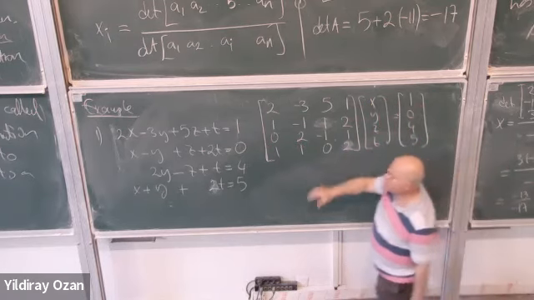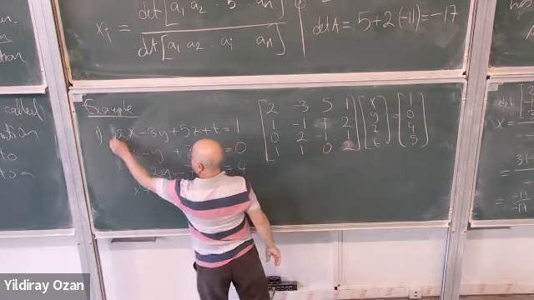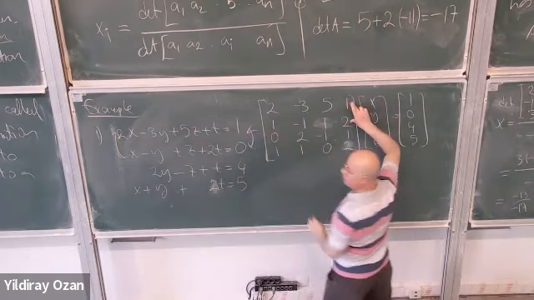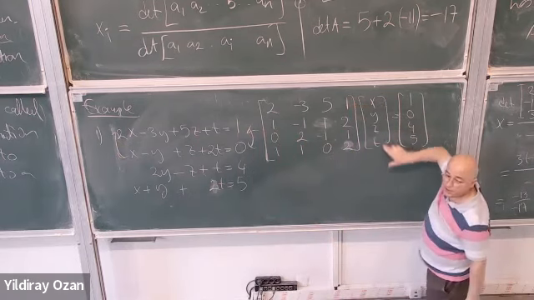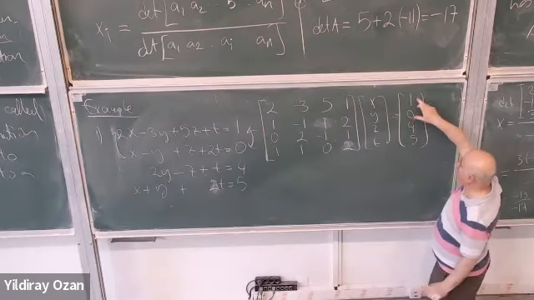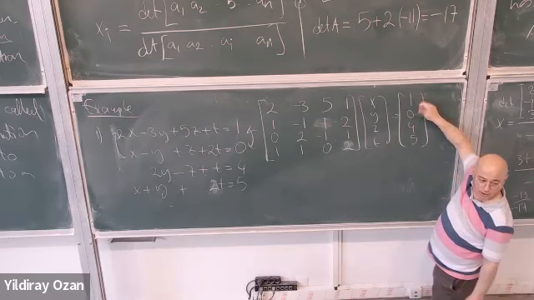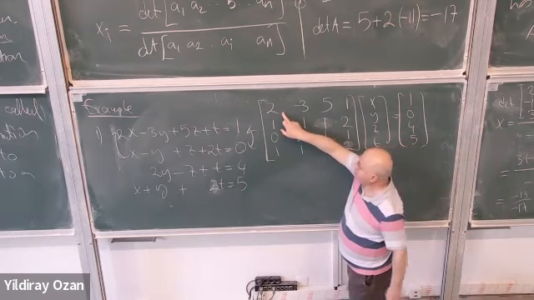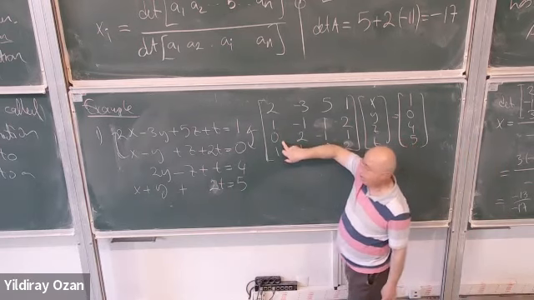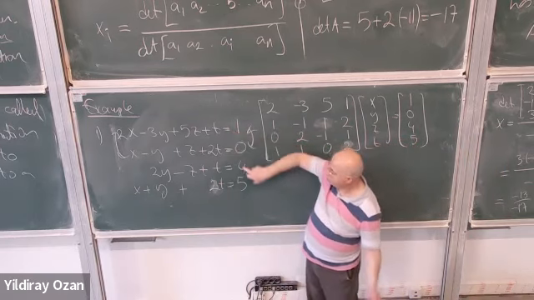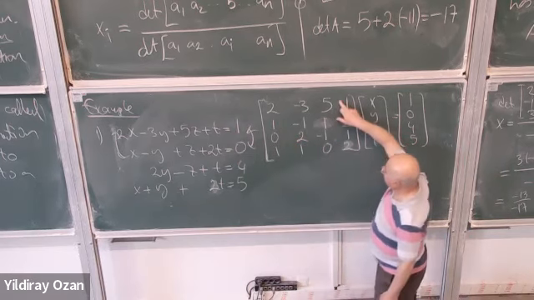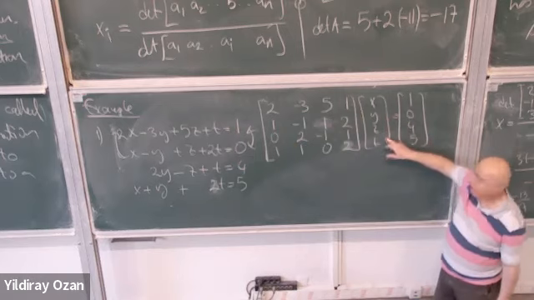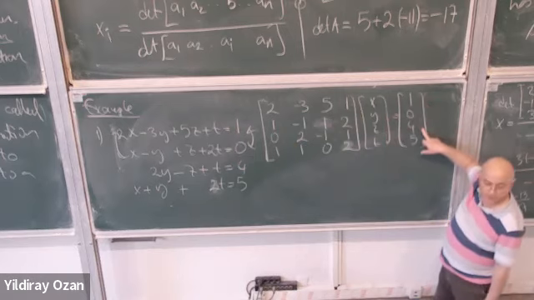If I interchange these two equations, these two rows will interchange, x, y, z will not change, and this one will change. Or you may add this one to this one. So you add the first equation to the third one. You will add this element to this element, but again this won't change.